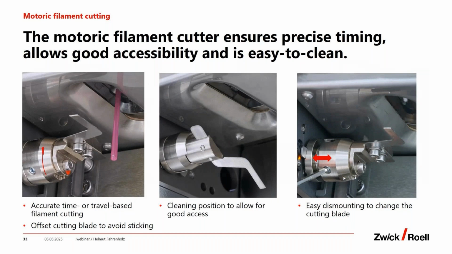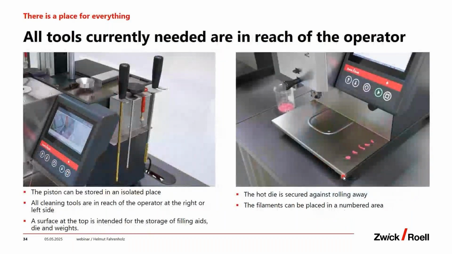This is practical experience at the end of the day. On the machine, you have a little holder so that you have all the tools in one place, so that they are not somewhere around on the table. This is to make life for the operator a little bit simpler.